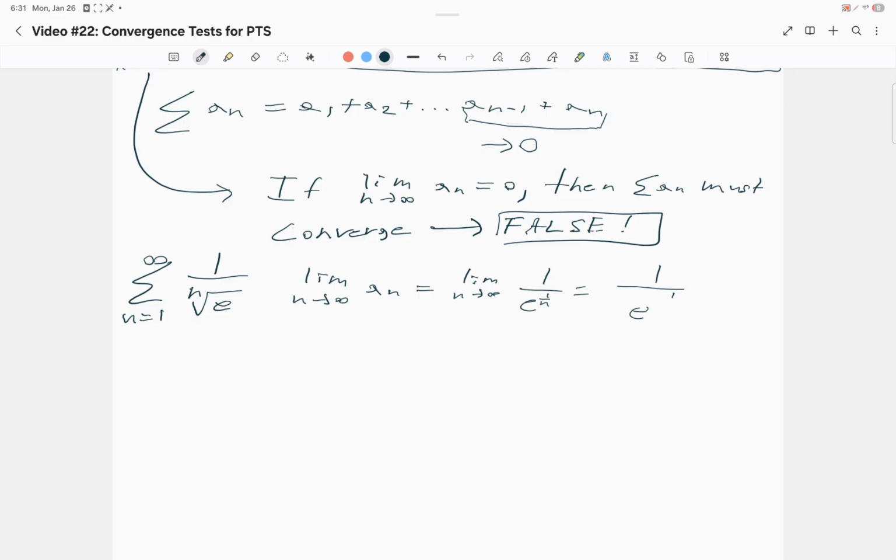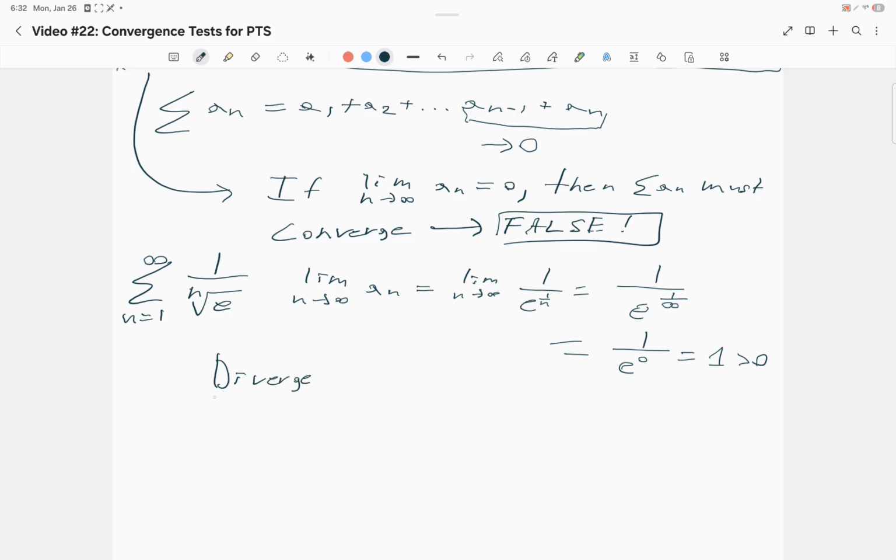If we just plug in infinity, what's 1 over infinity? 0. So it's going to be 1 over e to the 0, which equals 1. That's not 0, so it must diverge.